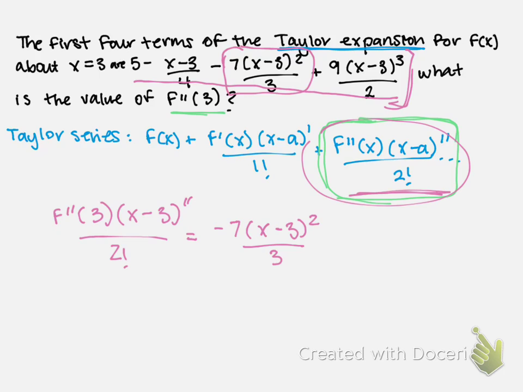So now that we have that, we can simply cross out the similar terms. So we have x minus 3 squared on both sides. Simply just cross this out.